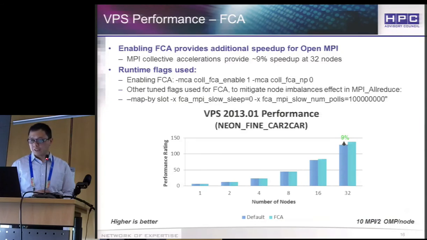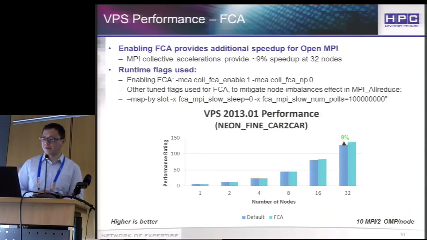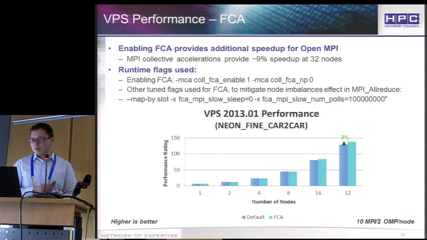Later on, right here, we are showing ways to help reduce some of the time spent on all reduce, something that the Mellanox presenter, Rich, talked about earlier. We can use something called a collective offload. In here, this is called FCA, the Fabric Collective Accelerator.